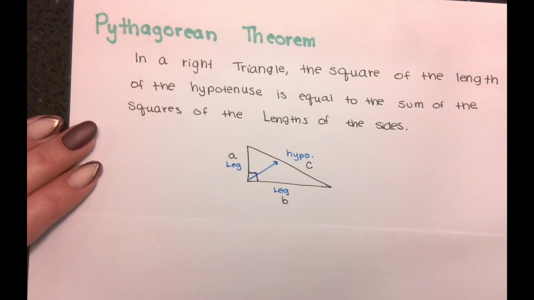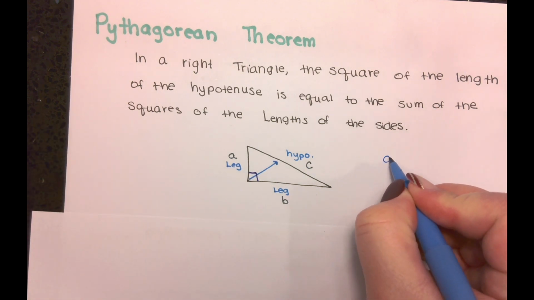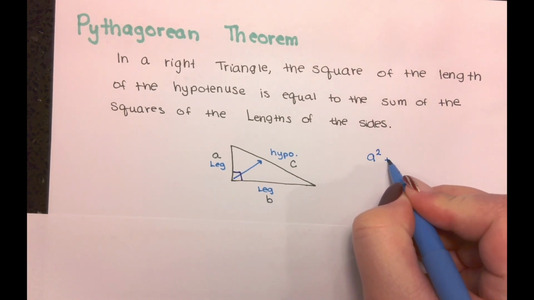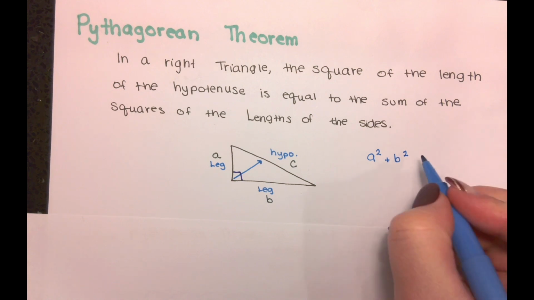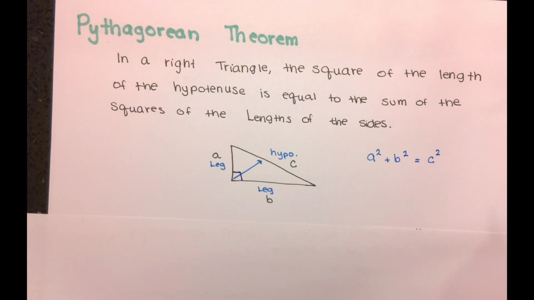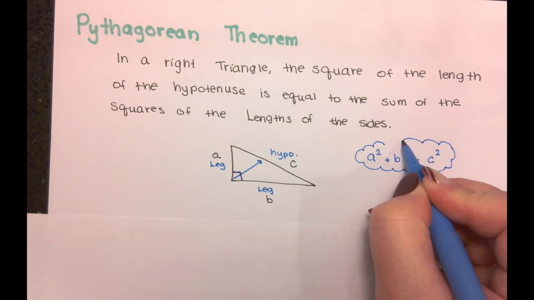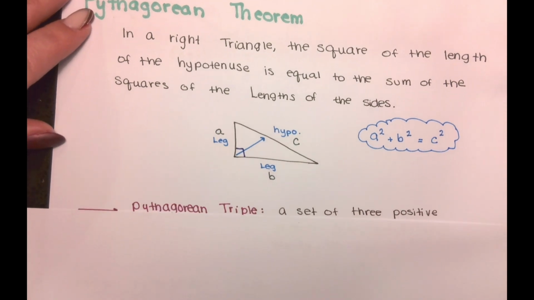So we have the formula of A squared, so a leg squared, plus B squared, the other leg squared, equals C squared, which is your hypotenuse squared. So this is the Pythagorean theorem formula that we use to solve right triangles.